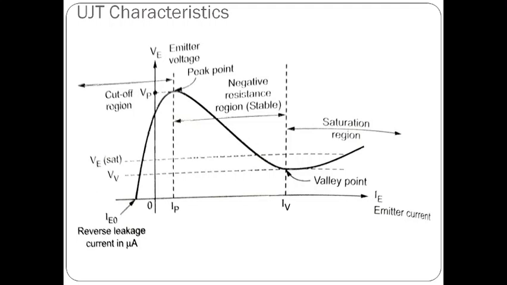Once the emitter voltage reaches the peak point voltage, what happens? The diode starts conduction and holes are injected into the N layer.